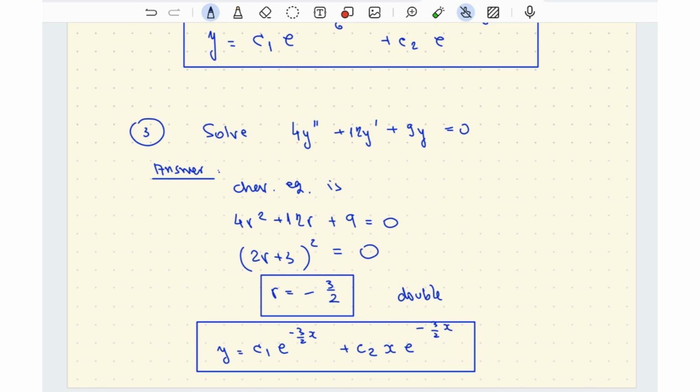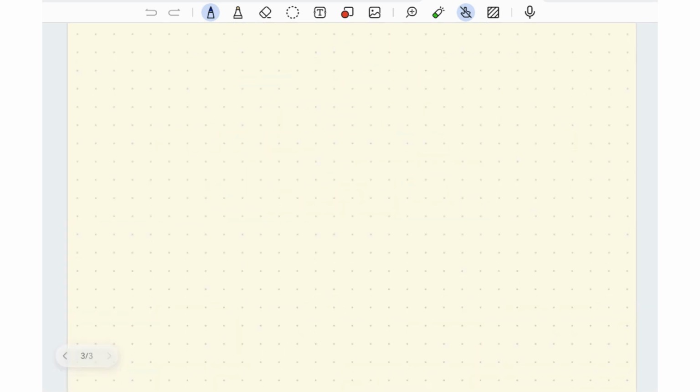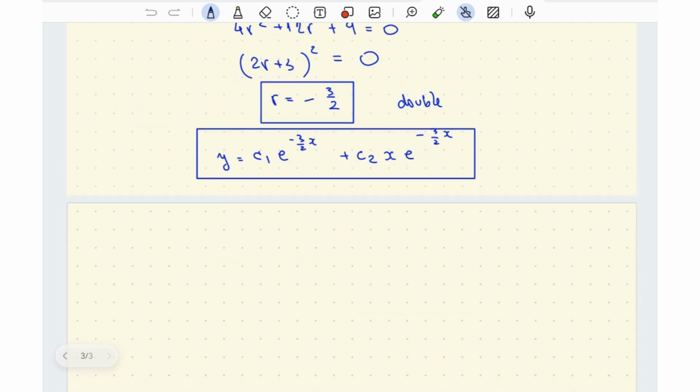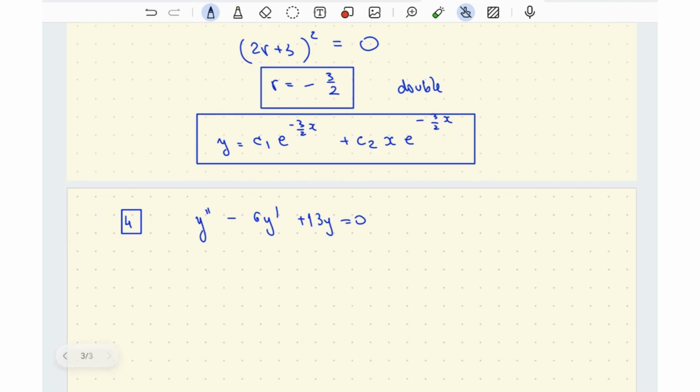Okay, and we have one more example, and you can guess what it will cover. So this is number 4. Solve the equation y'' minus 6y' plus 13y equals 0.